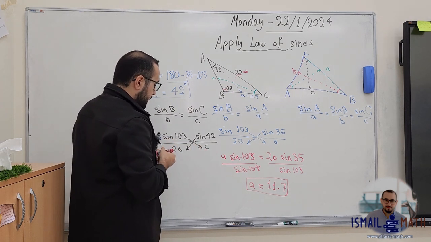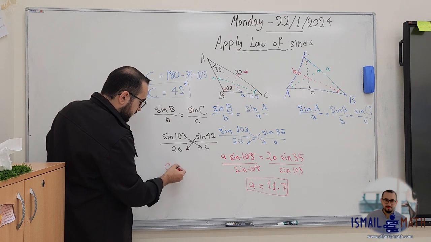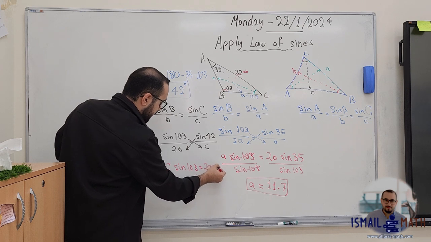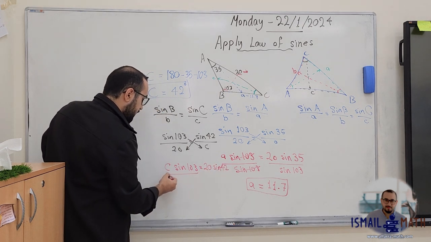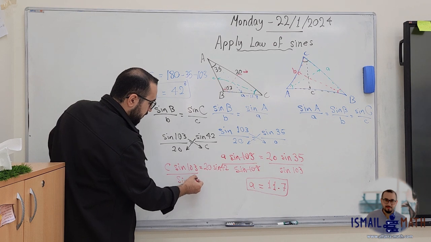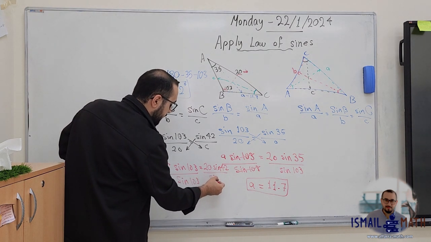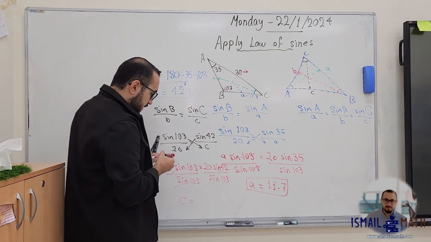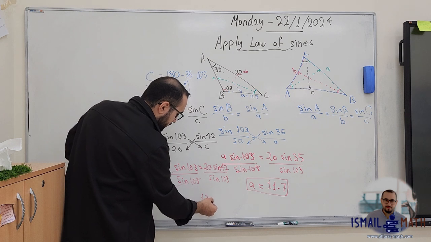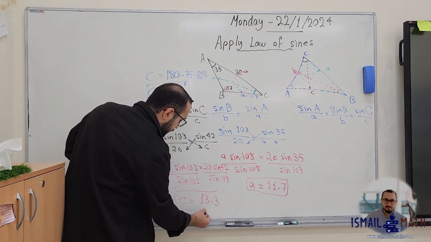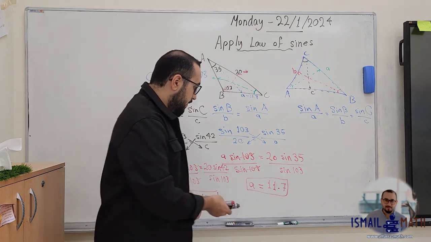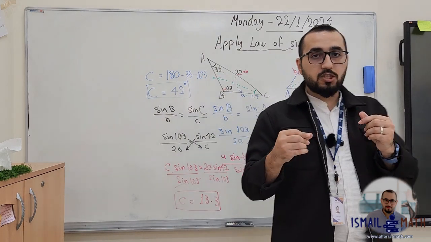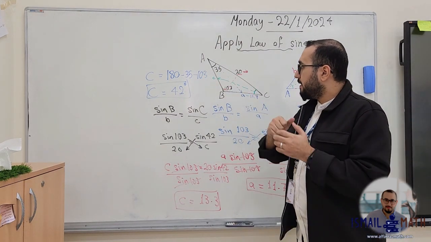We cross multiply: c times sine 103 equals 20 times sine 42. Then we divide by sine 103, and c is about 13.3. So this is how we can use the law of sines for an oblique triangle, to find the sides and the angles.